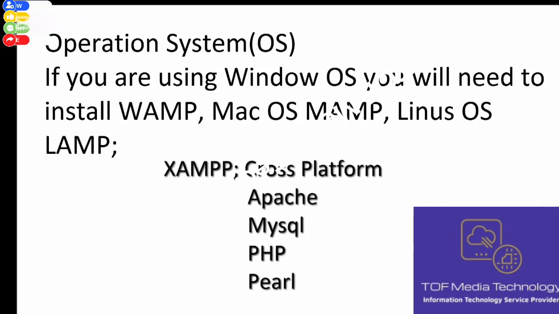But for the sake of this tutorial, we'll be using a cross-platform web server that cuts across all the operating systems. Irrespective of the operating system you are using, this web server will work perfectly well, which is XAMPP. The X is for cross-platform, meaning it can be used across all the platforms.